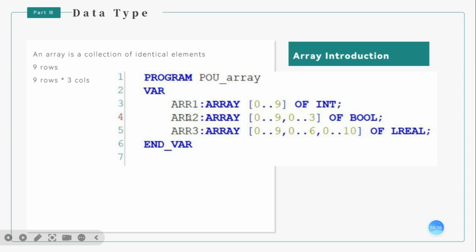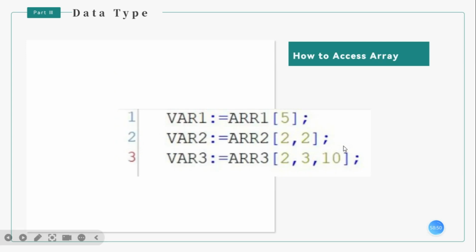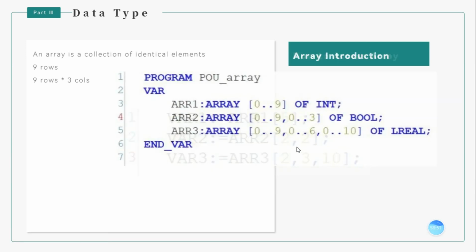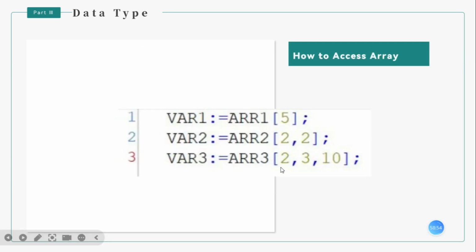It's like this, and the two-dimensional one uses this, and this is the three-dimensional array. So it is a little bit like an advanced language. We can use the index to call the value.